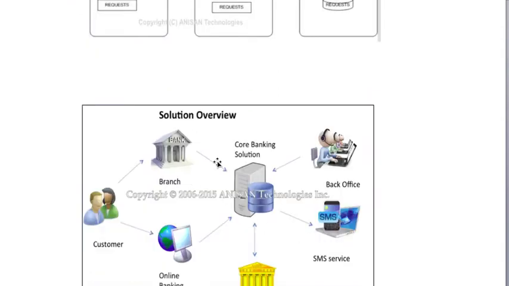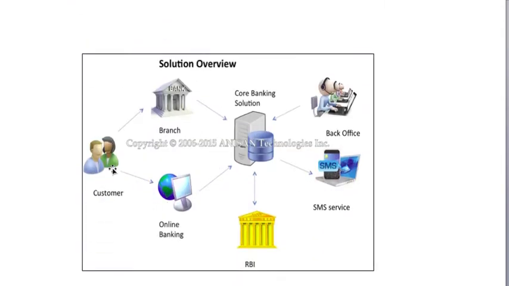Scope can also be described like this. Here is a diagram showing that customers interact either by visiting the branch or going online for banking. Both the branch and the online banking are connected with the core banking solution, which also interacts with the RBI, the federal bank, for sending reports or receiving and addressing queries.